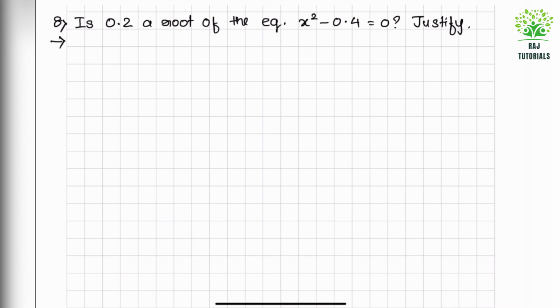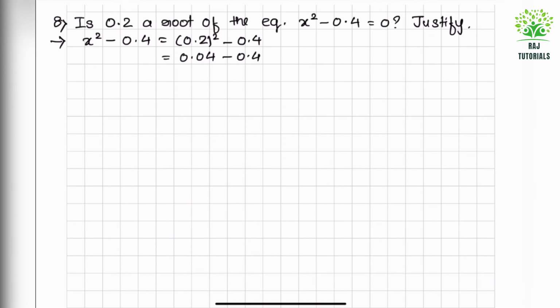Next question says, is 0.2 a root of the equation x square minus 0.4 equal to 0? Justify. So here I can say x square minus 0.4 equals, in place of x I am putting (0.2) whole square minus 0.4. So 0.2 into 0.2 will be 0.04 minus 0.4.